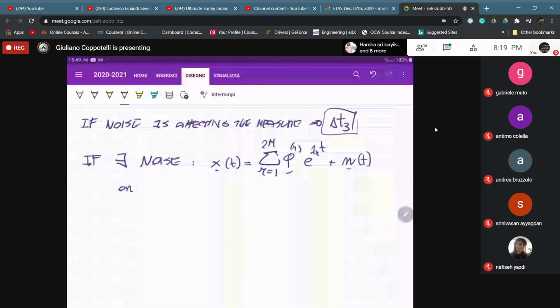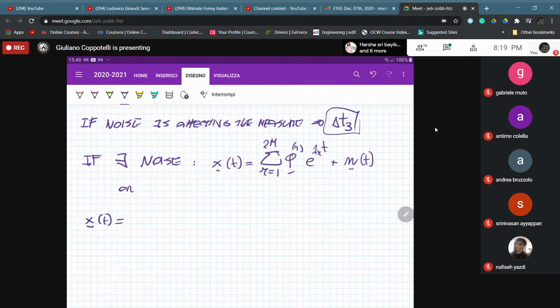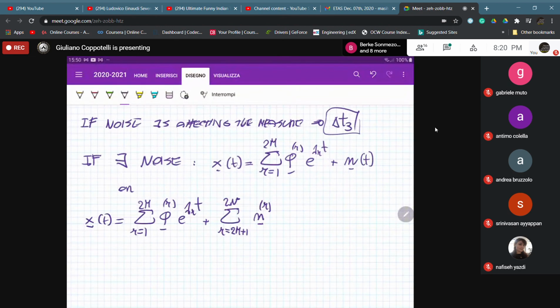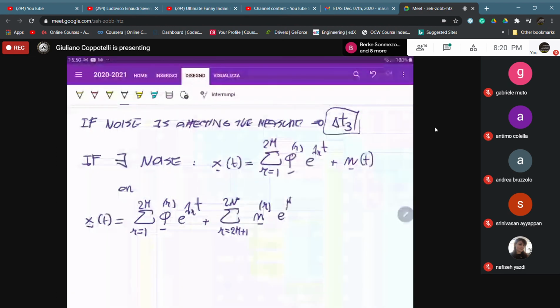Your x(t) could be written as the summation over r from 1 to 2m of phi_r e^(lambda_r t), and then an equivalent modal representation of the noise as summation with index r from 2m+1 up to 2n, of the r-th noise mode e^(mu_r t).